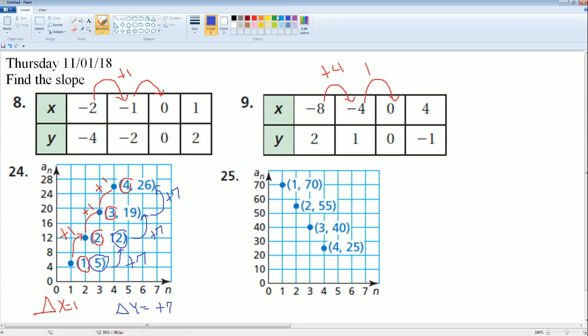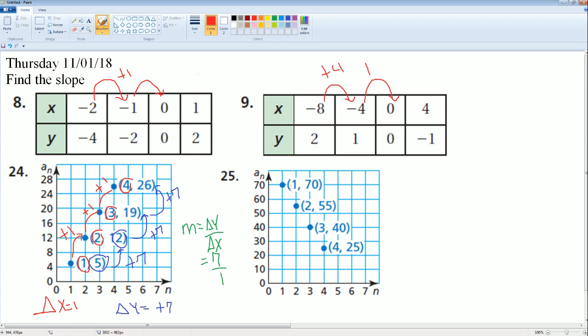So let's plug into the slope formula. m is equal to delta y over delta x. What is delta y? 7. What is x? 1. This is a positive slope because it is going up. I'm going to leave that up.